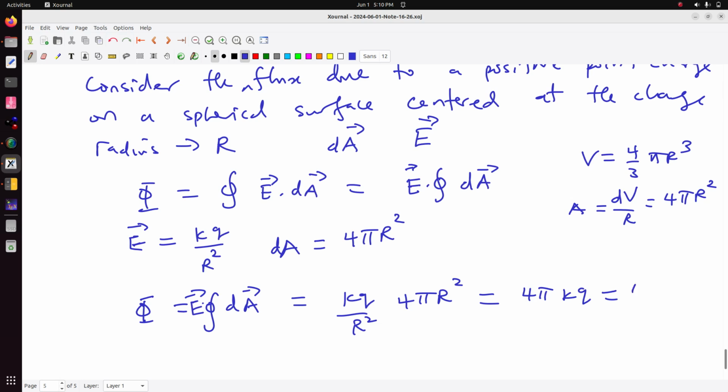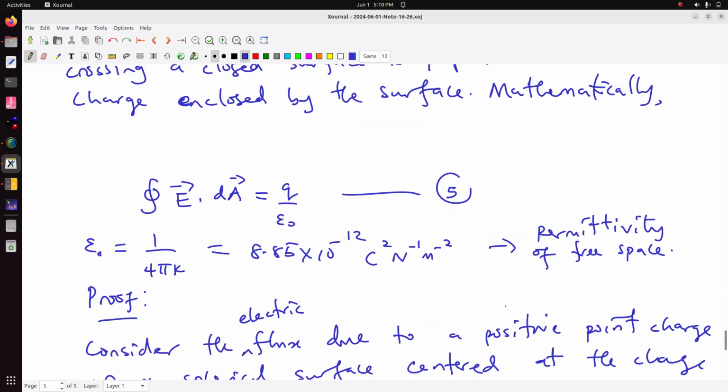Now, I defined epsilon naught as 1 over 4 pi K, so we can also write K equals 1 over 4 pi epsilon naught.